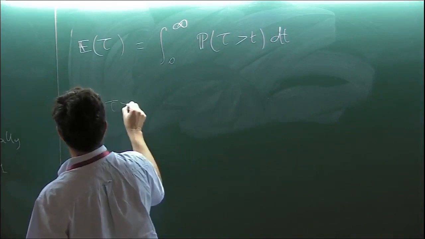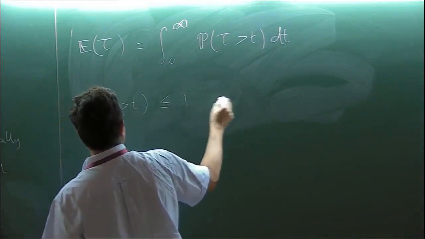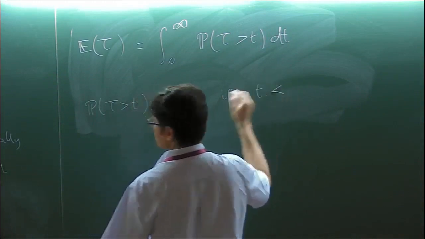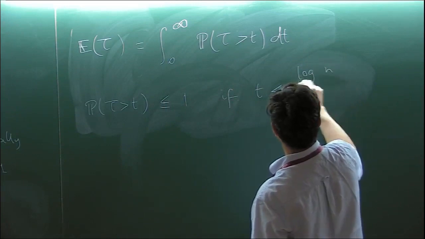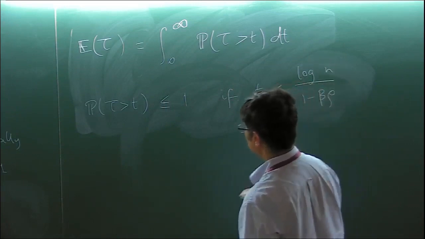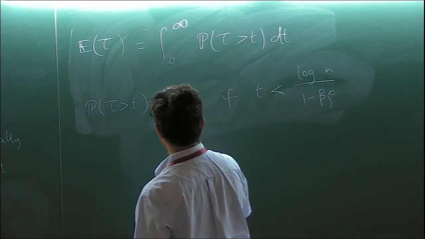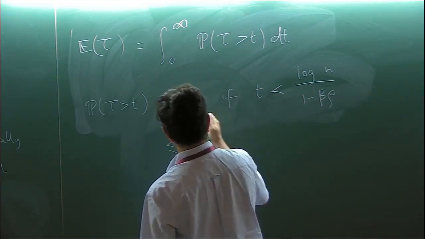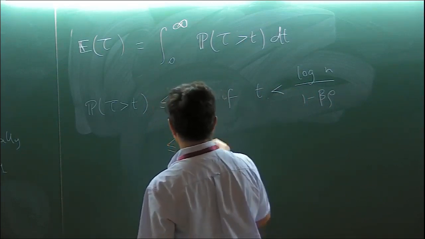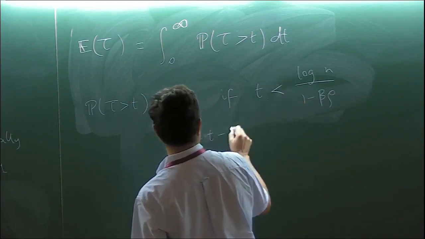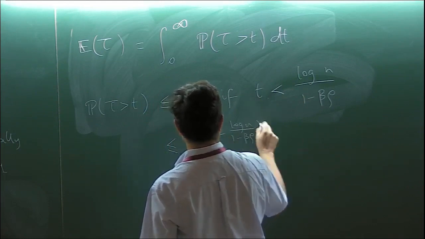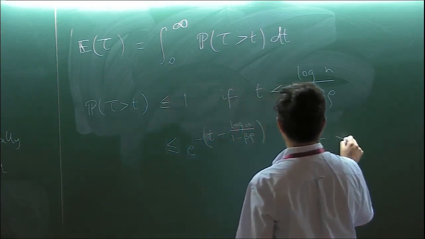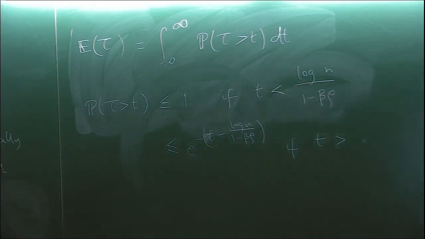So this probability is less than or equal to 1 if t is smaller than log n over 1 minus beta rho 1, and it's smaller than e to the minus t minus that if t is bigger than that. Okay, and then you just do the calculations, you get this.